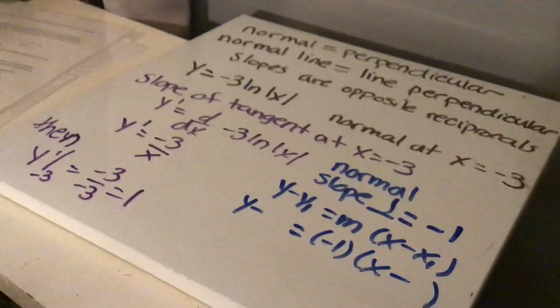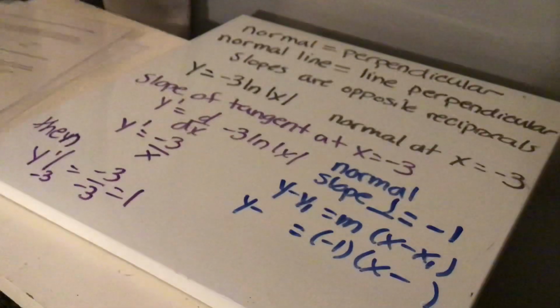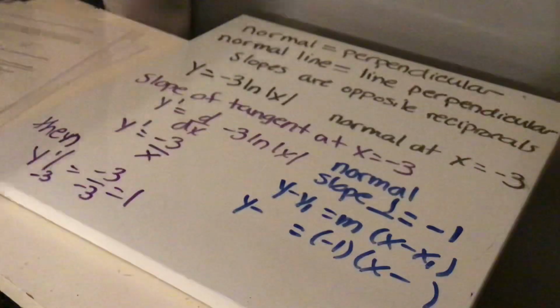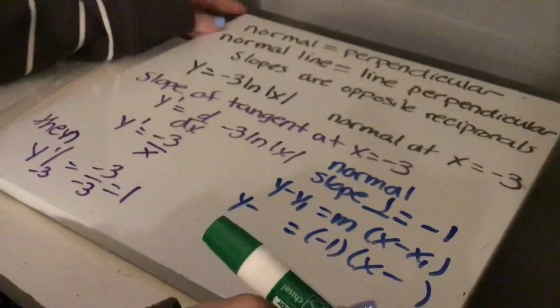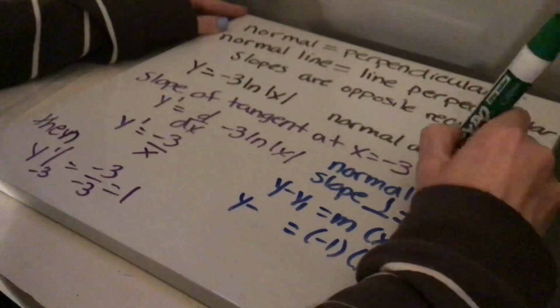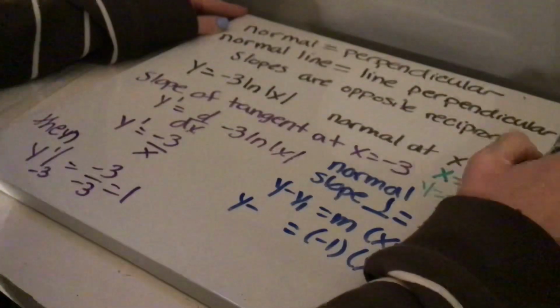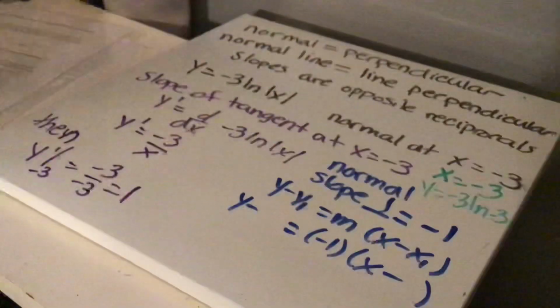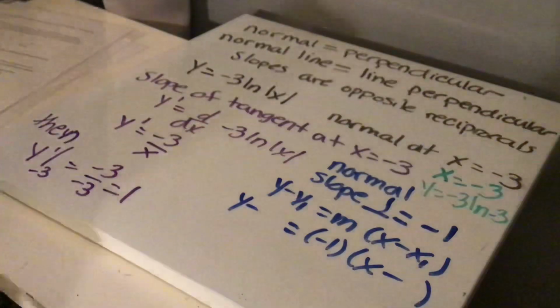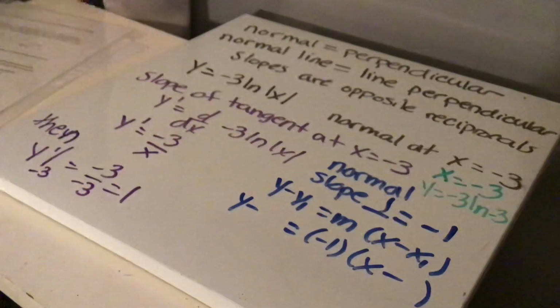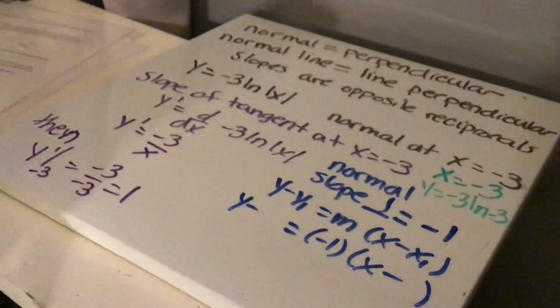When x equals -3, what is y in your original equation? So you get y equals -3 times the natural log of the absolute value of -3.